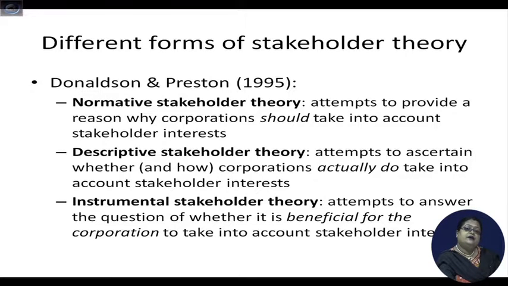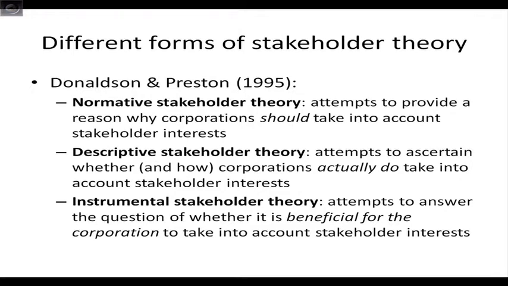We have different forms of stakeholder theory, and these forms of stakeholder theory can be classified under three different headings. So these three forms are normative stakeholder theory, descriptive stakeholder theory and instrumental stakeholder theory.